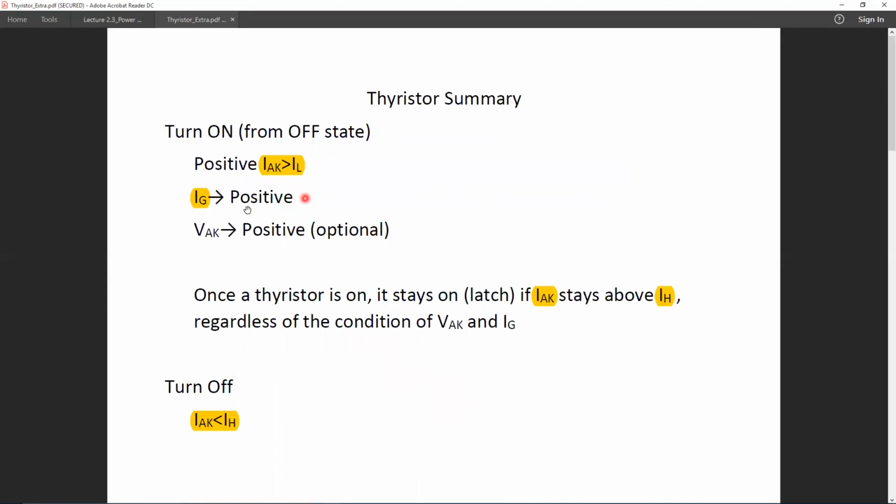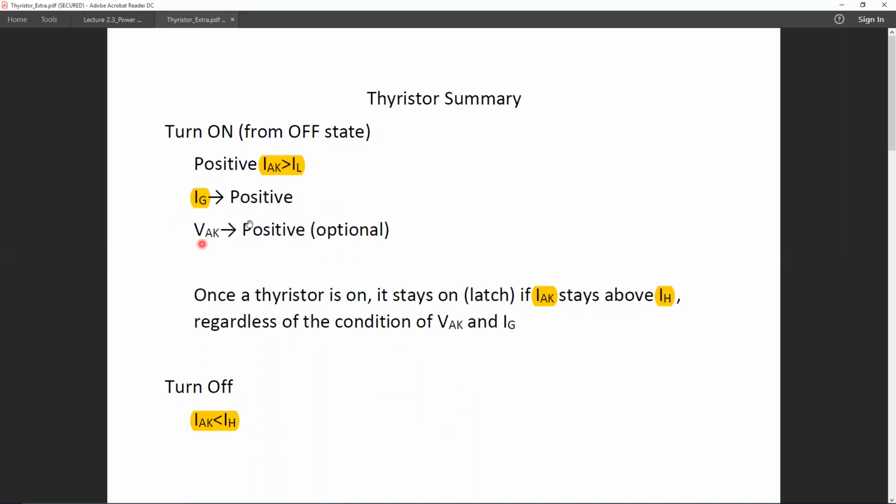And again, we have to provide a gate pulse, since thyristor is a form of bipolar transistor. It is a current control device. So we need to provide a gate current in order to turn this on.